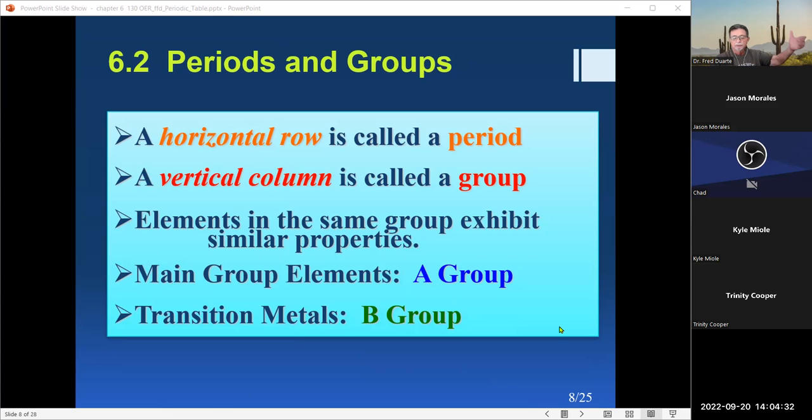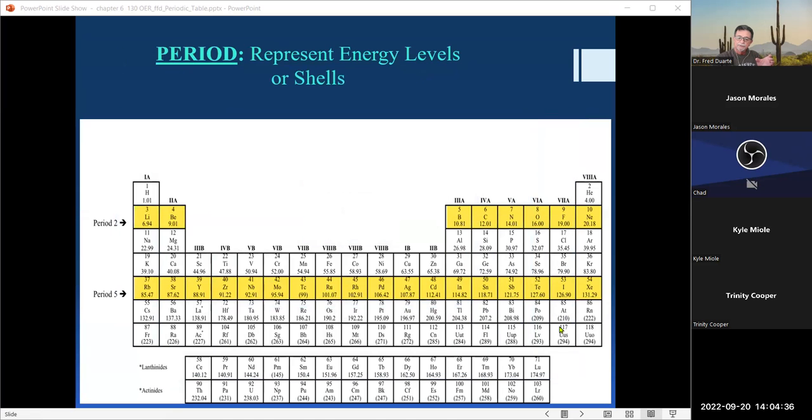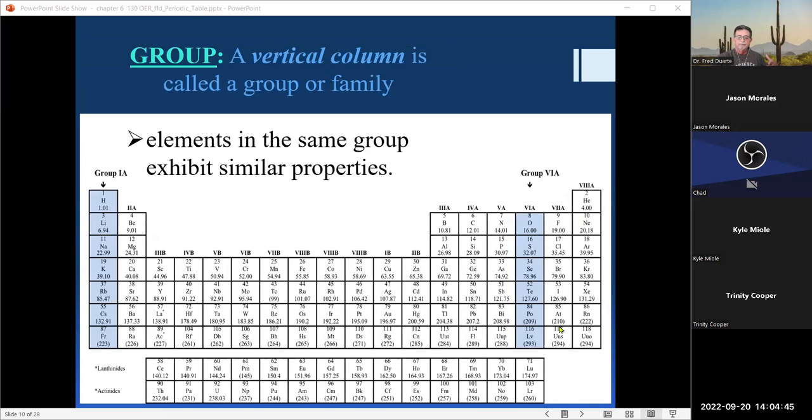So we have main group elements, and then we have transition metals. The periods represent the different energy levels or shells, and the vertical columns are called groups or family. And again, very similar in reactivity, simply because of the number of valence electrons.